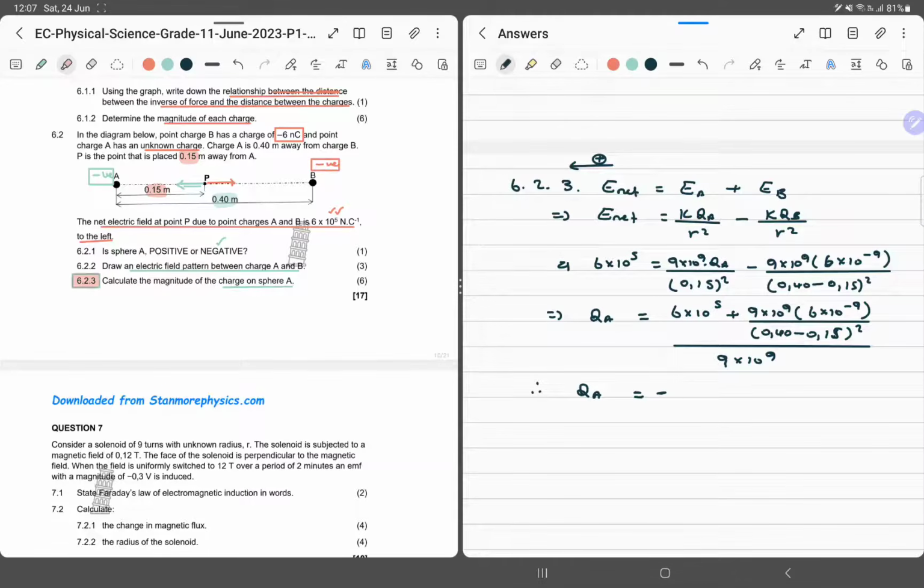Okay, this is our first answer, and then that answer we divide by 9 times 10 to the 9, and then we get our answer here of 6.68 times 10 to the minus 5 coulombs. Obviously 10 to the minus 5 is greater than 10 to the minus 6, is it not? It is, so it makes sense. It makes perfect sense.